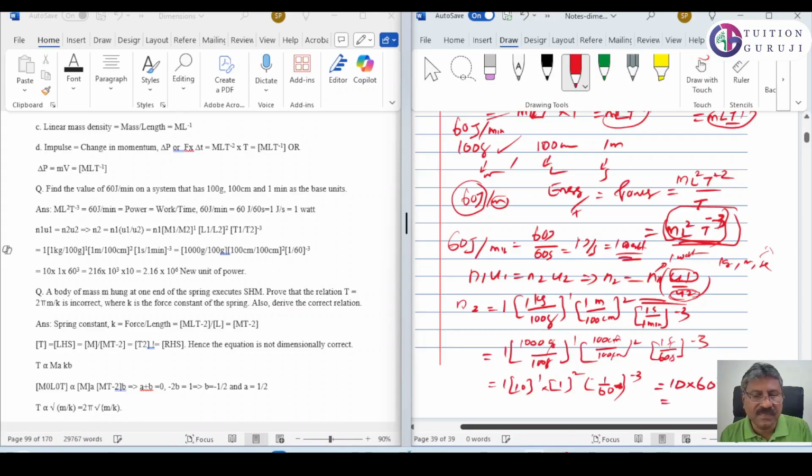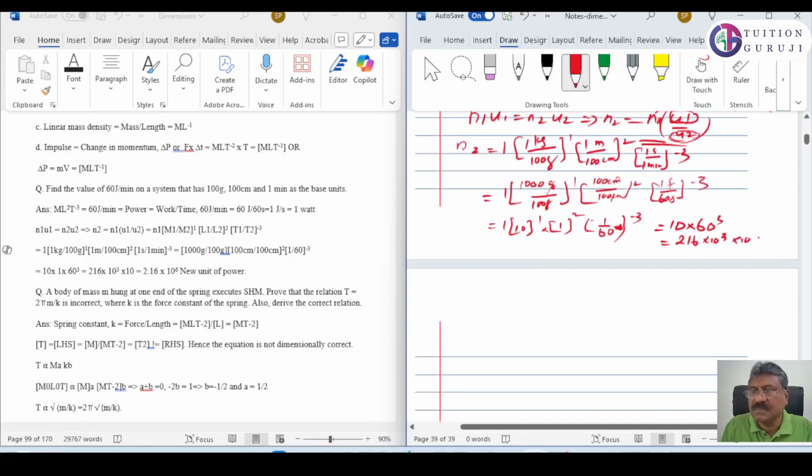So you are getting 216 into 10 raised to 3 into 10, which is equal to 2.16 into 10 raised to 6.